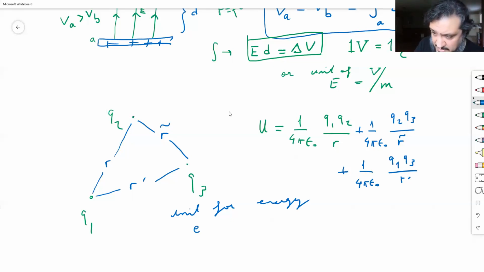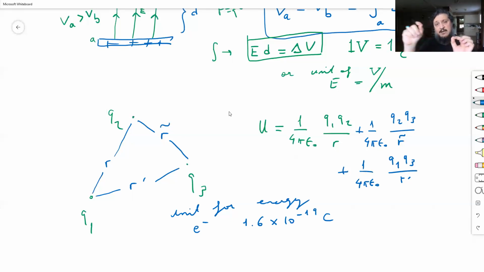The electron has a charge equal to 1.6 times 10 to the negative 19 coulombs. You take that negative charge, or electron, and move it across a potential difference equal to 1 volt. All right?